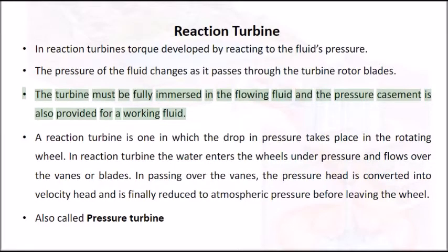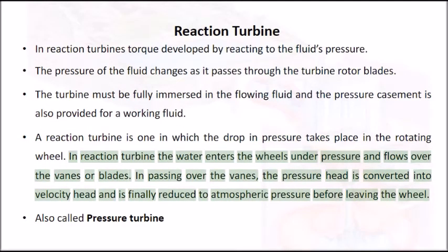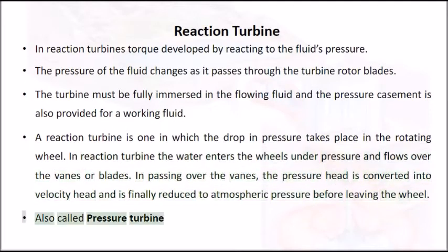A reaction turbine is one in which the drop in pressure takes place in the rotating wheel. The water enters the wheel under pressure and flows over the vanes or blades. In passing over the vanes, the pressure head is converted into velocity head and is finally reduced to atmospheric pressure before leaving the wheel. Also called pressure turbine.